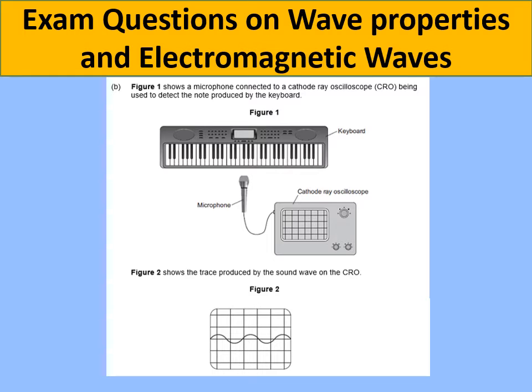Question 2b says figure 1 shows a microphone connected to the CRO, cathode ray oscilloscope, being used to detect the note produced by the keyboard. So there's a setup, then you've got figure 2, which shows the trace on the cathode ray oscilloscope produced by the sound wave. And in figure 3, we'll see on the next slide, we can compare the 2 traces that are produced.